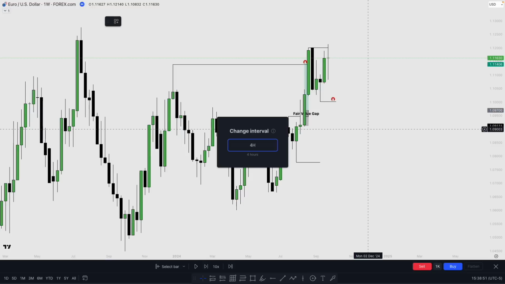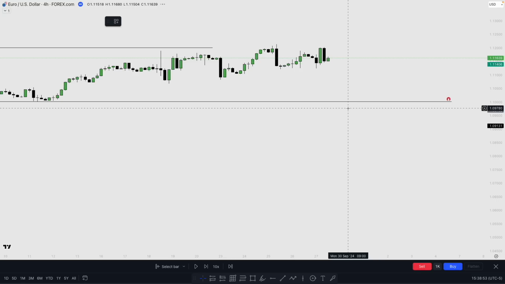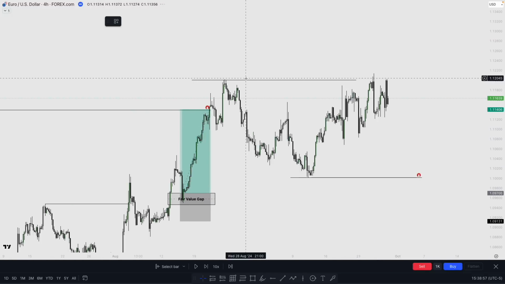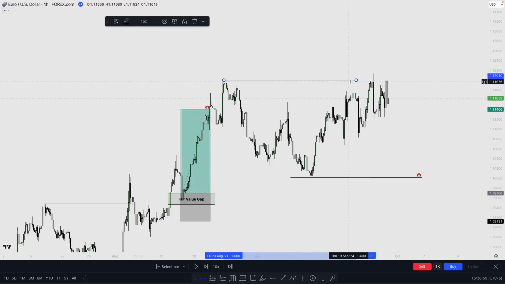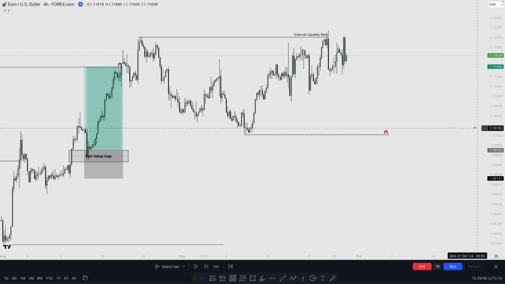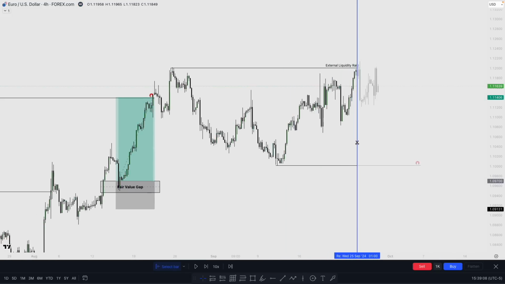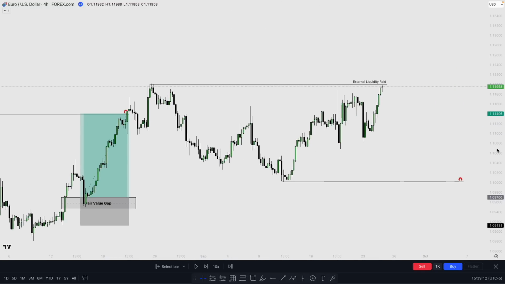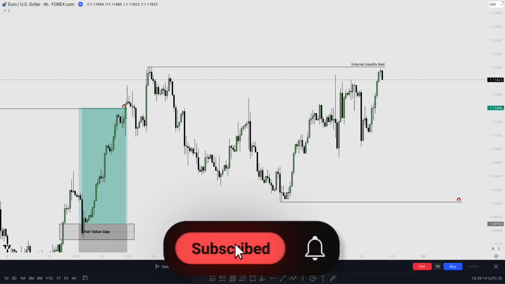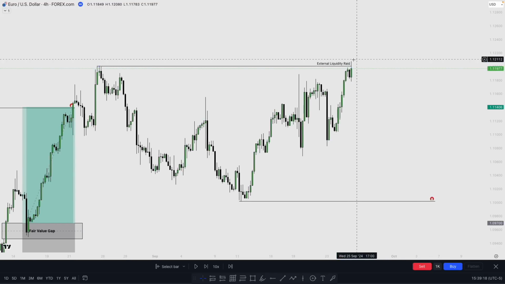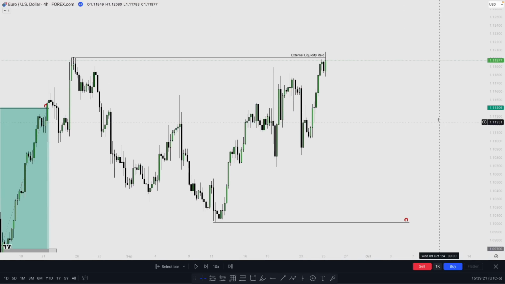Dropping down to the 4-hour time frame, let's see what we can see here. Let me just clean everything up. We can see here the market goes and raids external range liquidity.